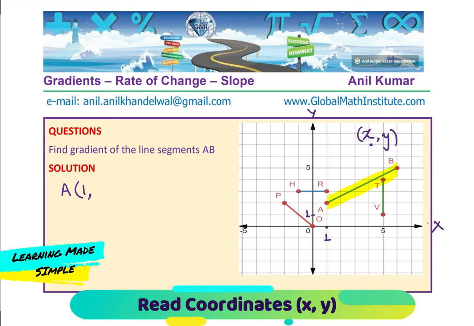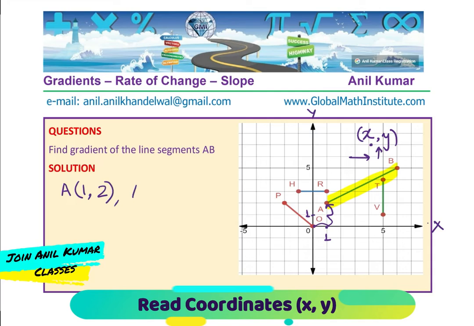X means the horizontal distance from the origin, and y means the vertical distance. You get the idea. So from here, we move 1 unit to the right, so x is 1. And then we go 2 units up, so the y value is 2. Is that clear to you? So that is how we get the coordinates of point A on this particular system.